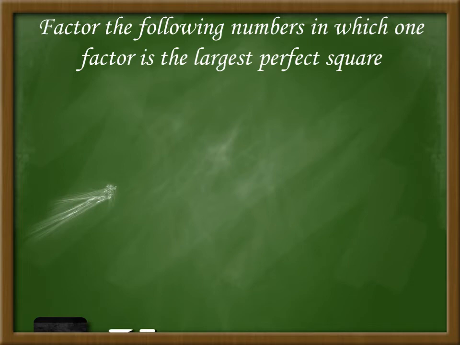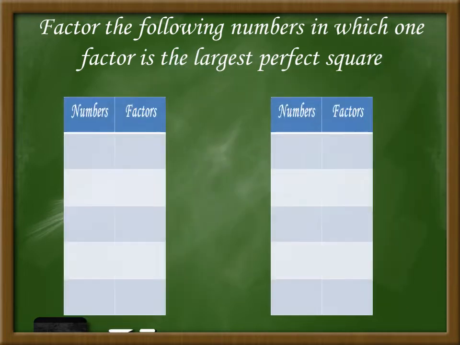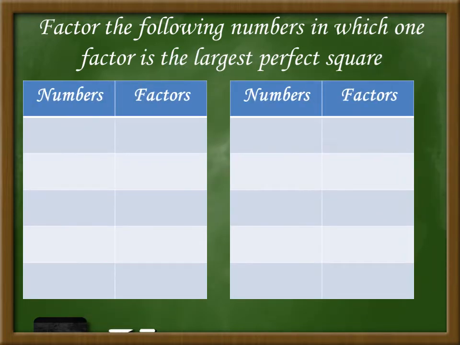Factor the following numbers in which one factor is the largest perfect square. So we will be using the chart of perfect square numbers to factor the following numbers here. So, let's have the first number.